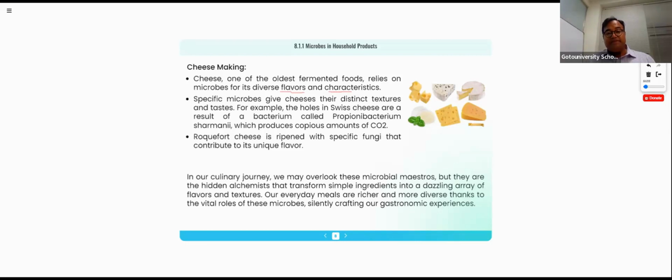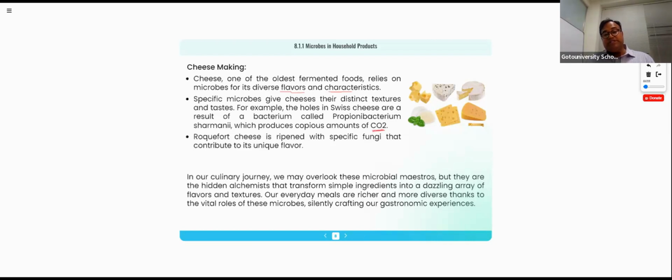You know Propionibacterium chardonnay, a bacteria used for making cheese, which produces a huge concentration of what? Carbon dioxide. In this cheese, the carbon dioxide is produced, which you can see on the right-hand side.